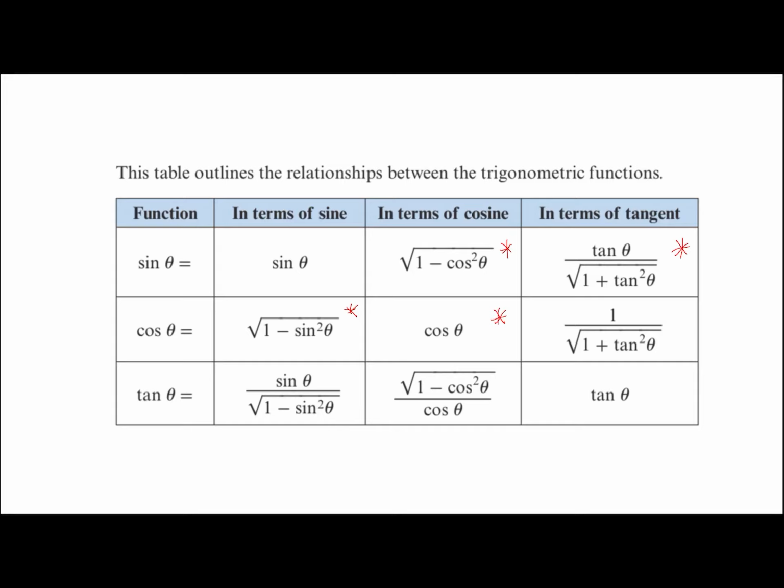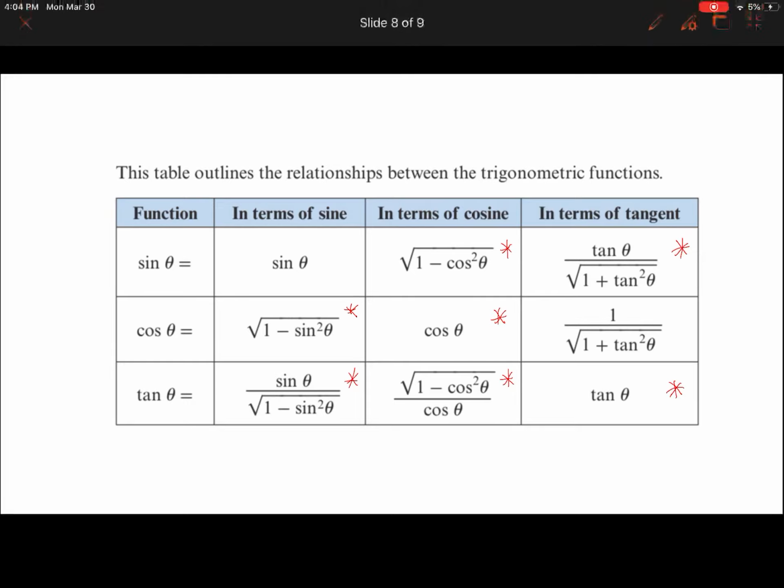If our function is tan theta, in terms of sine, we say sine theta over the square root of 1 minus sine squared theta. In terms of cosine, it's the square root of 1 minus cosine squared theta over cosine theta. And in terms of tangent, tangent theta is just tan of theta.